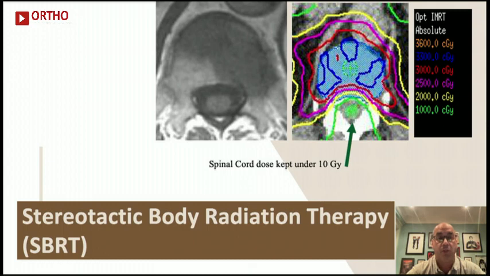But I would draw your attention to the lines of demarcation of where the doses are being carried, and you notice that in the epidural space you have to drop off the dose very, very quickly. And so if you don't have that little bit of buffer, that 5 to 10 millimeters of space, what will happen is you'll under-radiate that area, and this will cause local recurrence to happen exactly at that area.